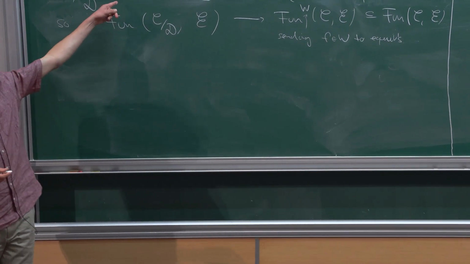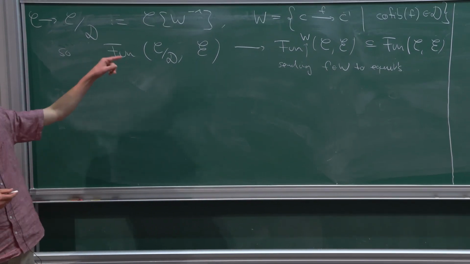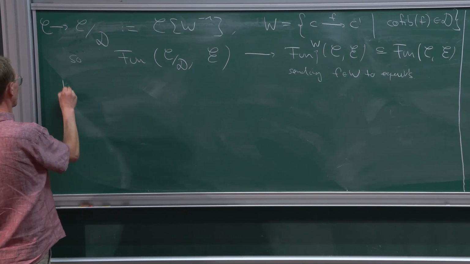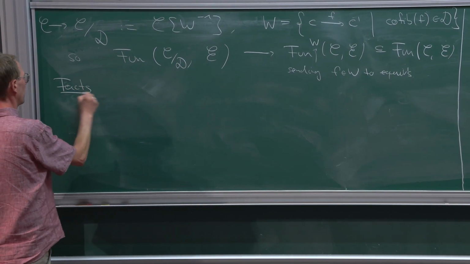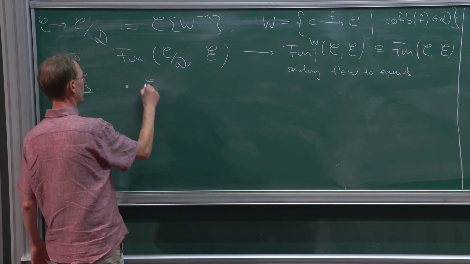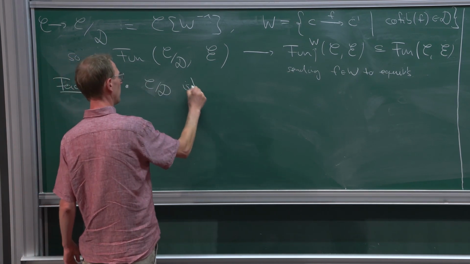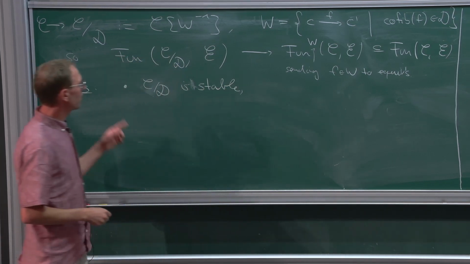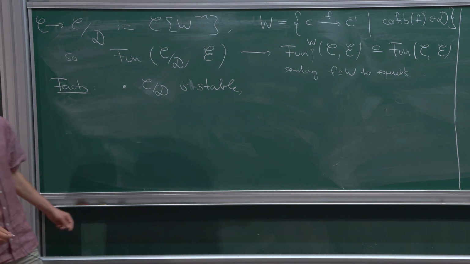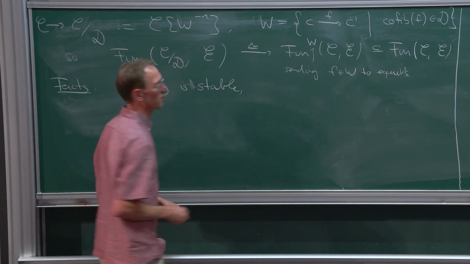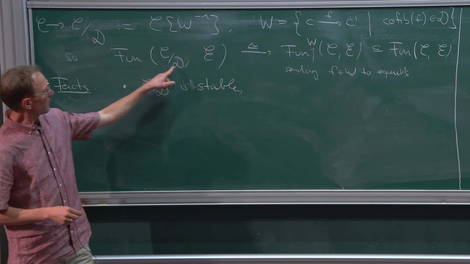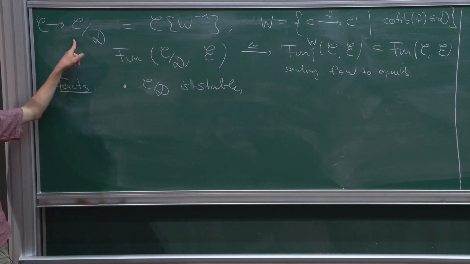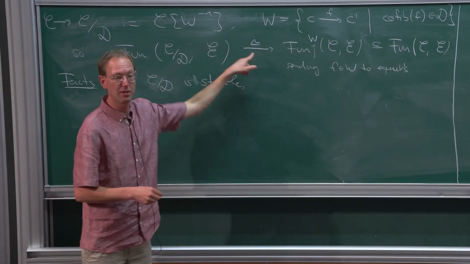If you define it like this, it's not obvious that this category will be stable again, but this is something one can prove. So, facts: this C mod D is stable. The important point is that this functor is induced by precomposing with the functor from C to C mod D, and this induces an equivalence like this.